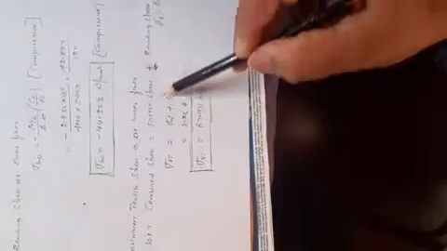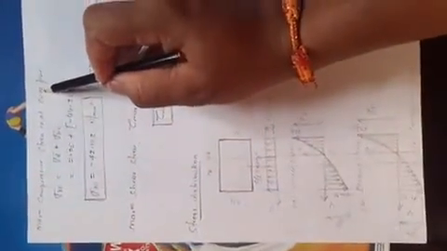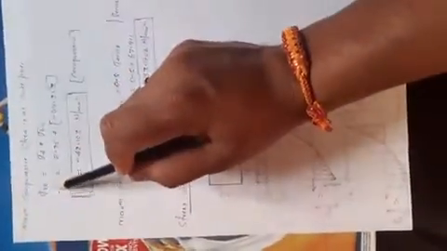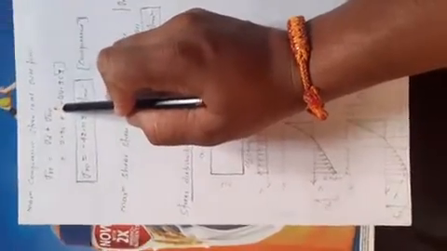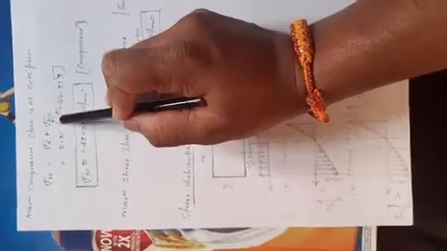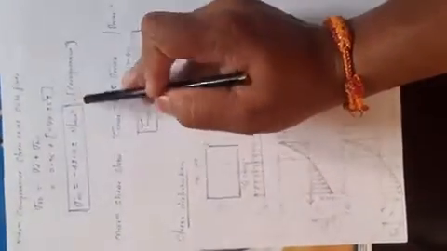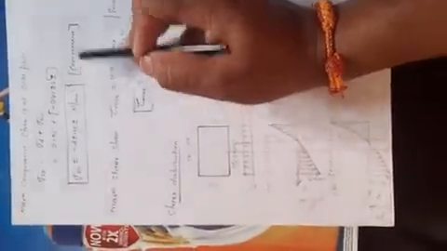We substitute, and this is the maximum stress at the inner fiber. Similarly, the maximum compressive stress is at the outer fiber. Again, combined stress is equal to direct stress plus bending stress at the outer fiber. Direct stress is positive, while the bending stress at the outer fiber is negative. Substitute here, and this is the maximum compressive stress.